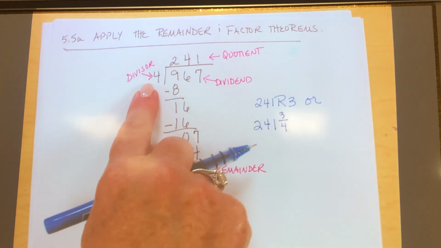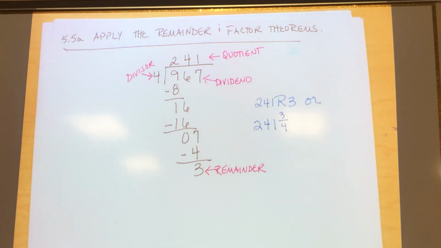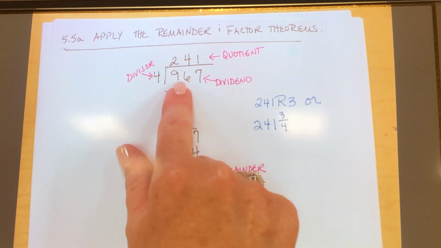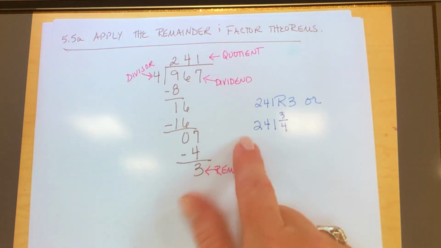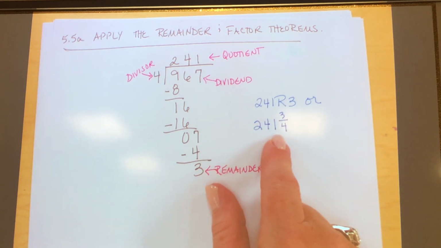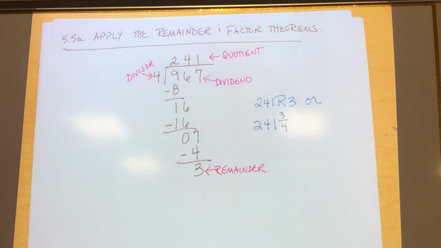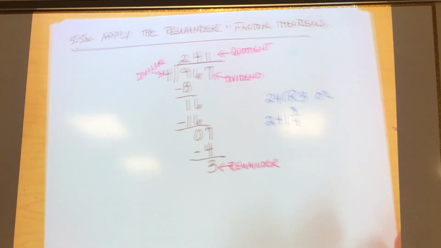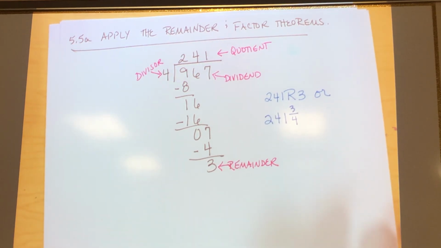You put it over the divisor. Okay? How many times does 4 go into 967? 241 and 3/4, 3/4 of a time. Now, you could just put a decimal and put zeros down. You could do that, all right?